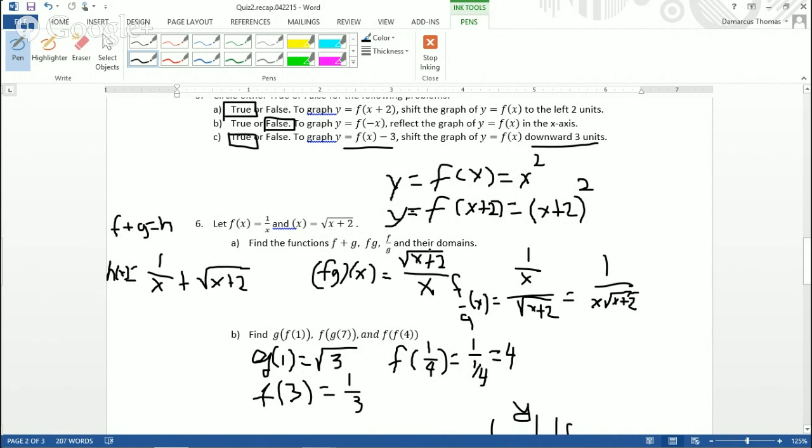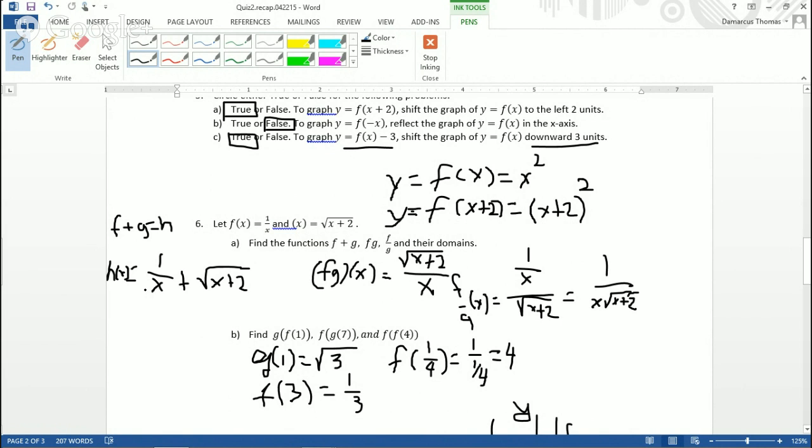And then finally, I have to actually identify what the domain is. And the domain for these is that you need to find the domain of each function separately, and it's the intersection of the domain. And so it's those values that they have in common. So let's break this down. Clearly, this is undefined for when x is equal to 0.